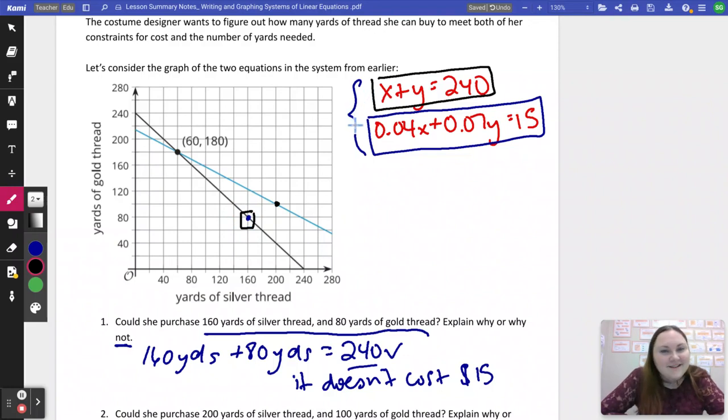If we're on a hunt for which combination is going to be a solution for both of these, it's going to look like, based on this graph, a point that's on both lines. And if we look at our graph here, there's only one point that shows up on both lines, and you might have already guessed it. It's this one right here. It's going to be that point where those lines intersect. That point 60, 180 is on our black line and on our blue line.